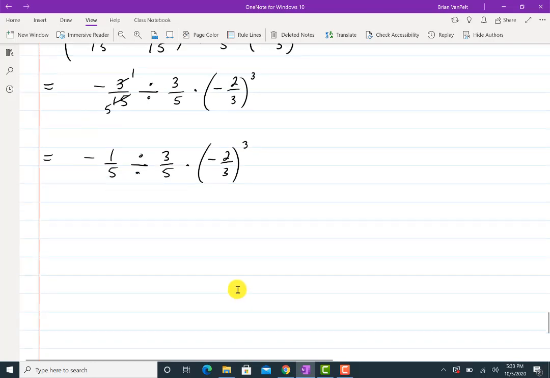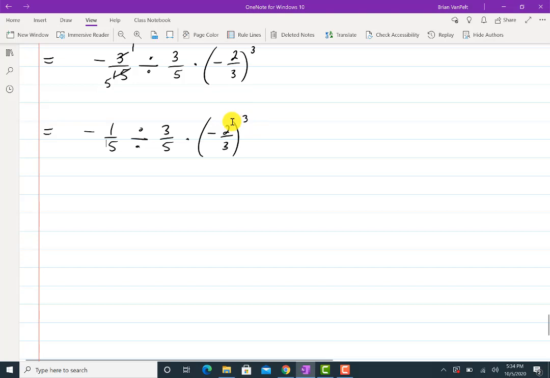Now what's next according to the order of operations? The exponent. If I take negative 2/3 times itself 3 times, I will have a negative number. So no matter what, I'm still going to have a negative. But now I take 2 to the third power, and that's 8. 3 to the third power is 27.